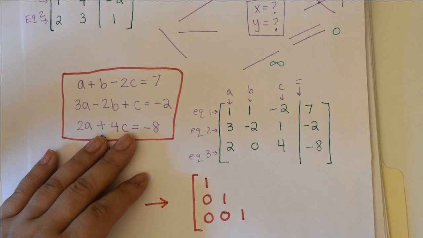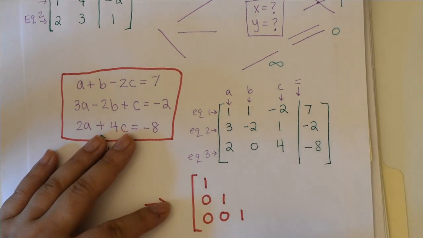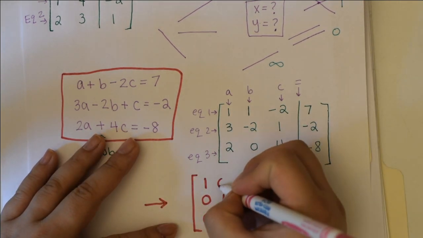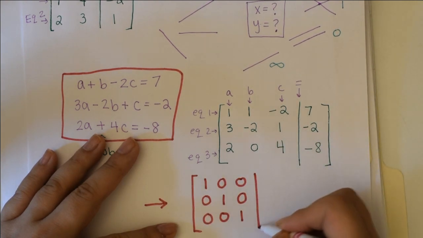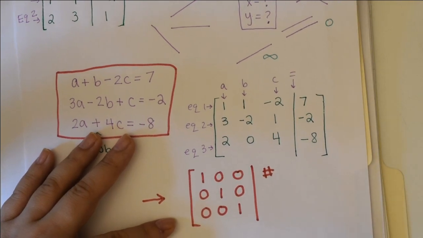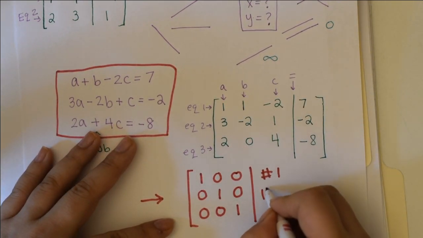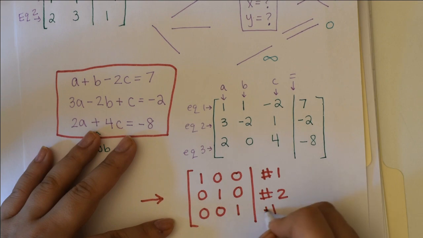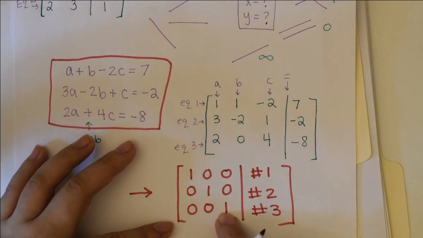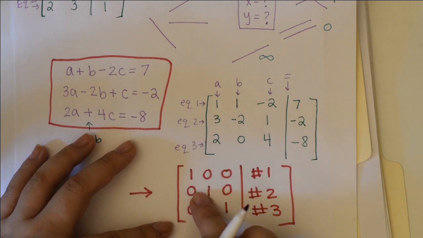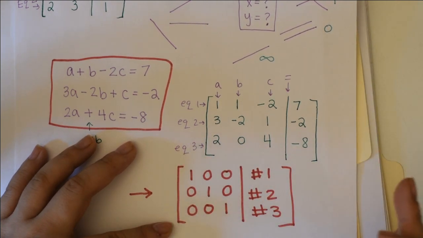We'll talk about this later. But you can see that already, if it looks nice and pretty like this, it'd be nice because you'll see that this means C, because it's 0a plus 0b plus 1c, so that's just C equals this number, B equals this number, and A equals this number.